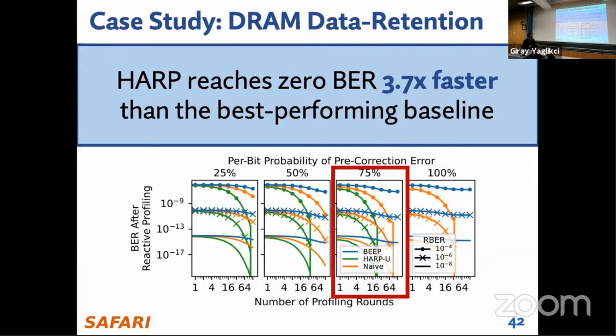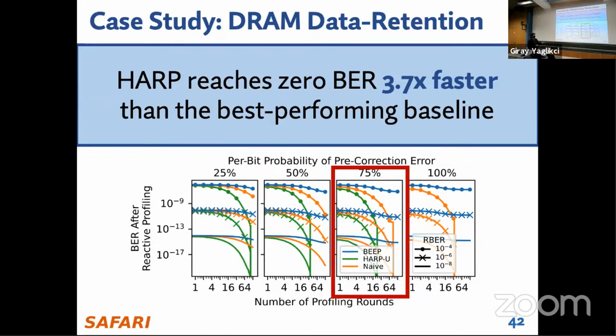The naive mechanism does not make these hardware changes. It's just profiling the on-die ECC chip as is. And you see that in these cases it still does eventually reach 0 bit error rate, which means that if you waited for this many profiling rounds, you still get full coverage with that mechanism. So it's not like it doesn't work. It's not impossible. It's just a much more difficult problem because it requires much longer.